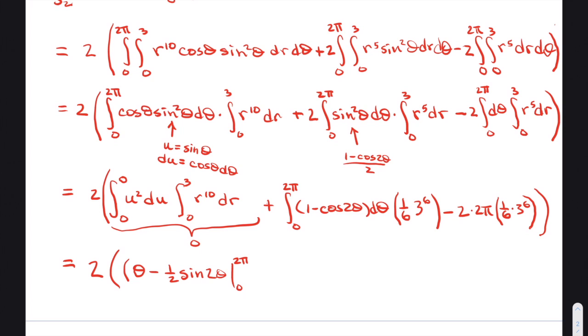So of course this part's just going to be 0. The theta also goes from 0 to 2 pi, so that's going to be 2 pi.